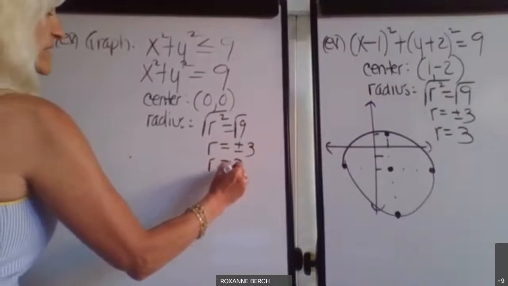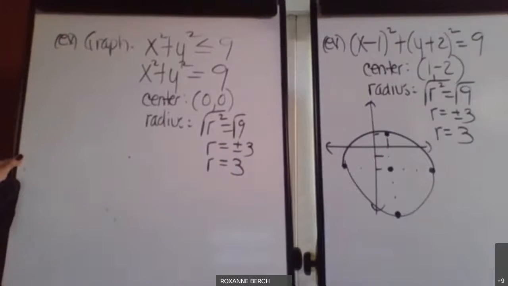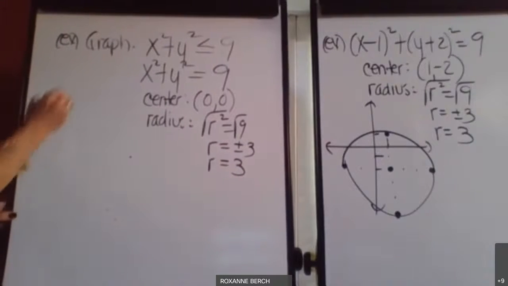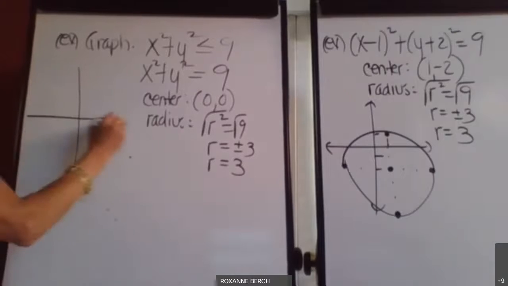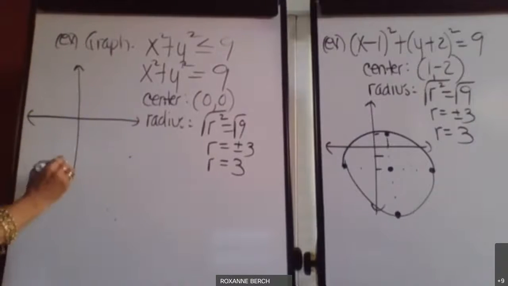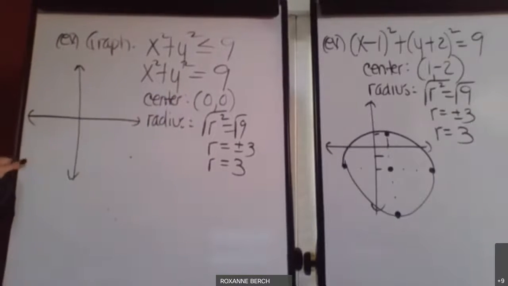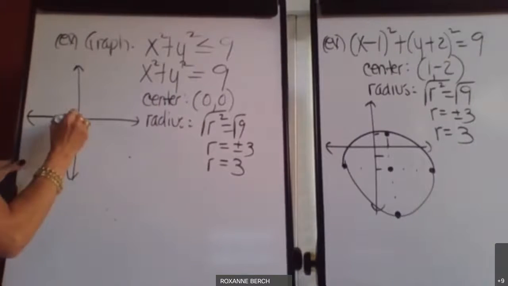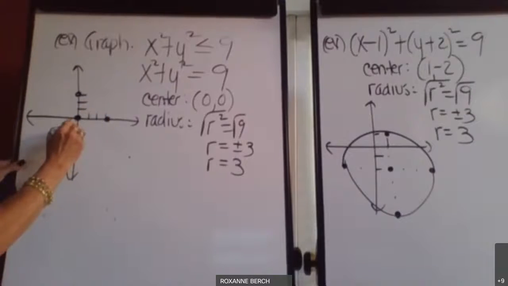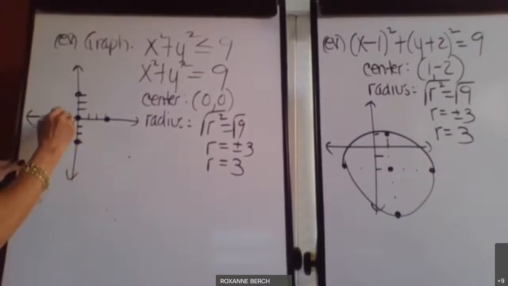And since it's a length, it's positive. So now we graph the equation of the circle. So we have (0, 0), up 3, right 3, down 3, left 3.